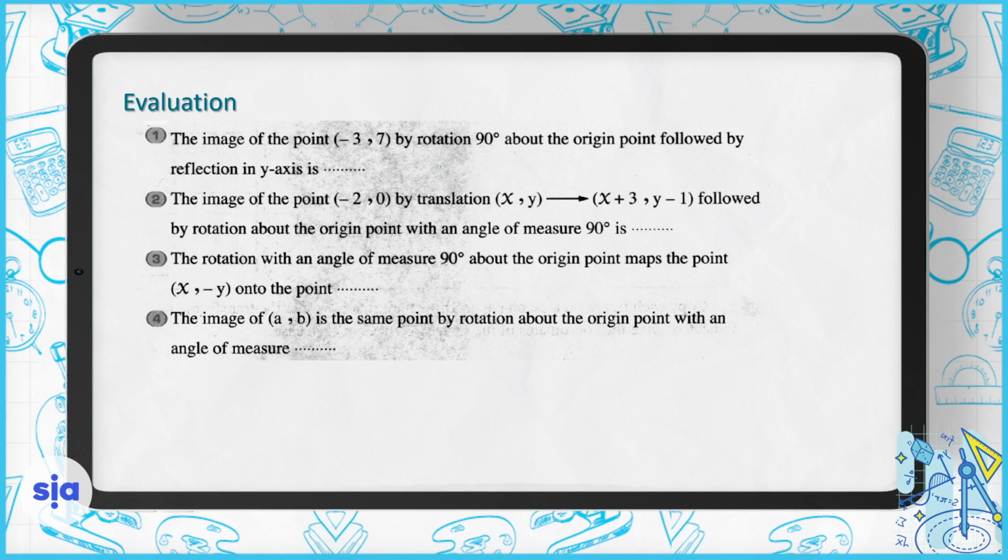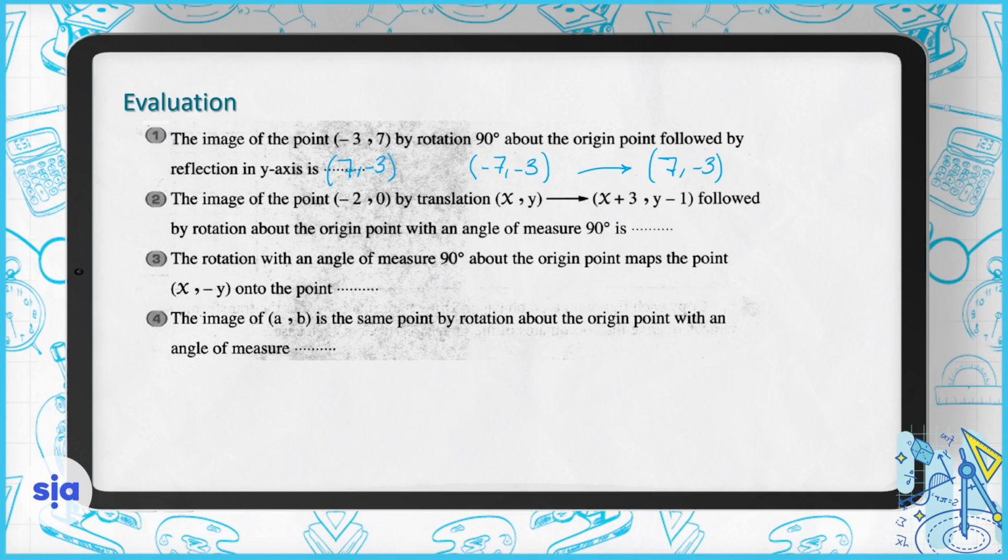Rotation around 90 degrees around the origin will be (-y, x). So the rotation becomes (-7, -3). After that, you would do the reflection across the y-axis. So we change the sign of x, it becomes (7, -3). So the right answer here is (7, -3).